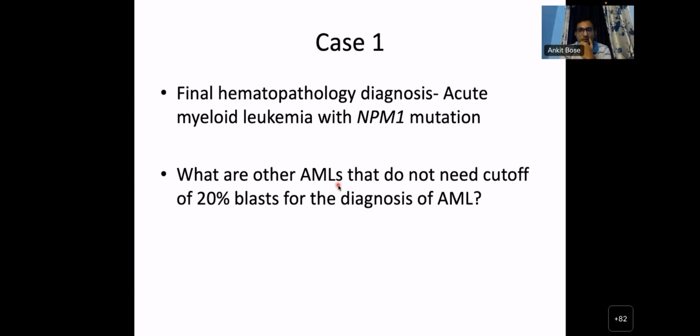Go to the new WHO classification: for all the translocations, recurrent genetic abnormalities, there is no need of a blast cutoff of 20%. So is it all or any specific? Other than specific entities that are excluded.